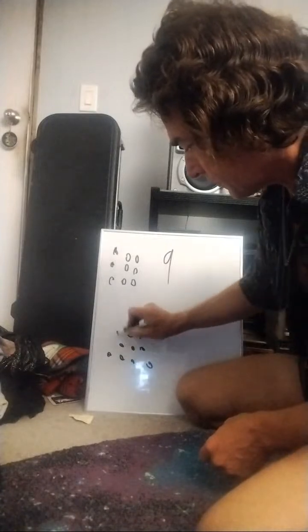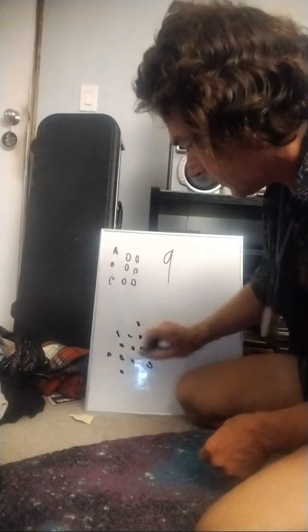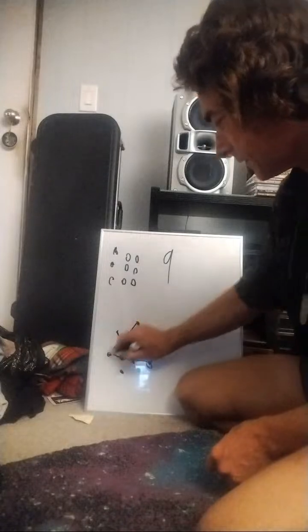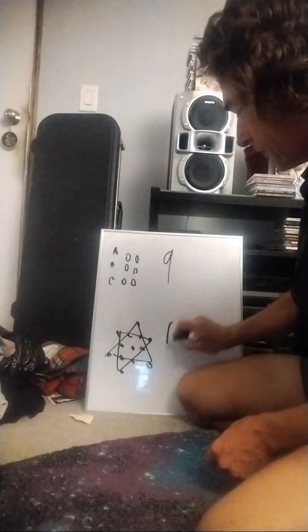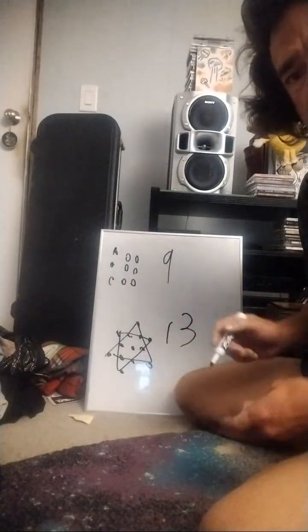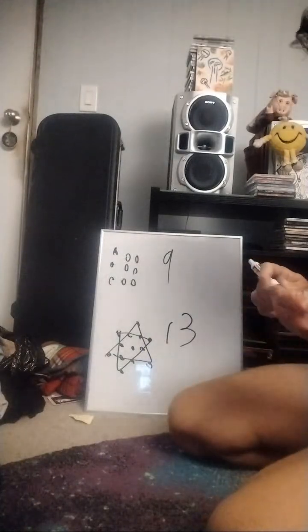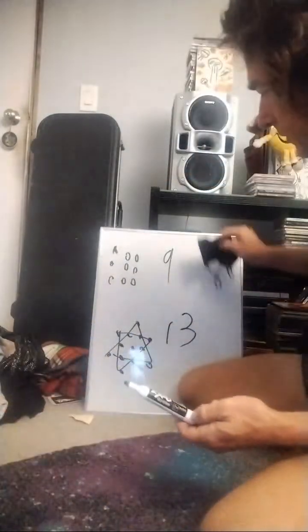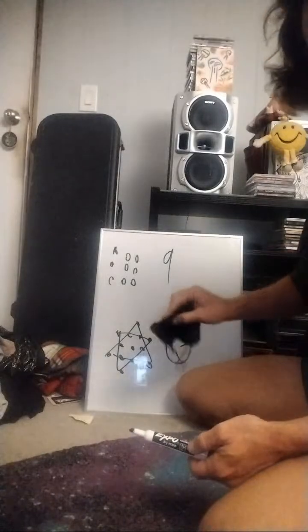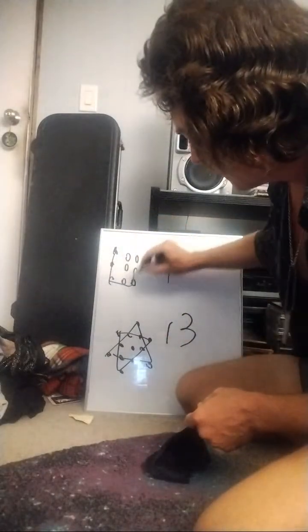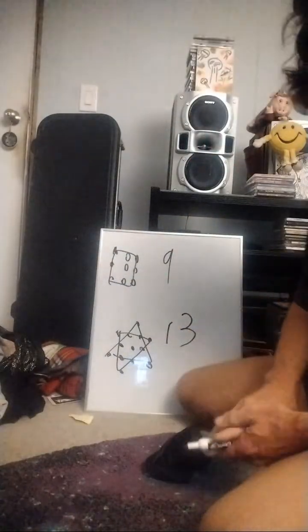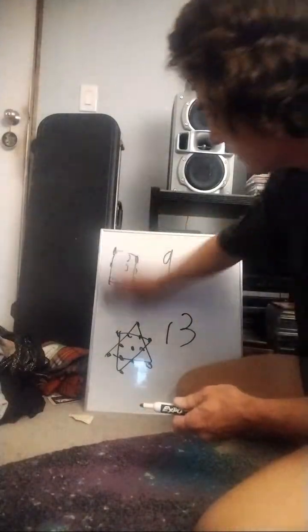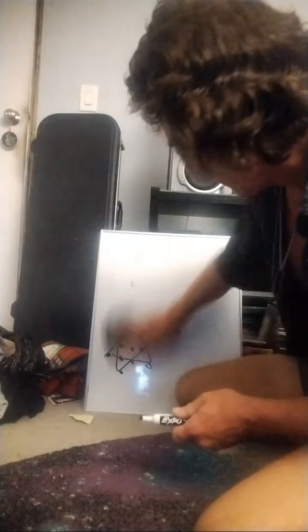You have a triangle there, and then an upside down triangle there, so it makes a hexagon. That's the number 13. Remember those 2 numbers, it's going to be important for this first theorem. So 9 and 13 come from a square number and a hexagonal number. That's where I got 9 and 13.